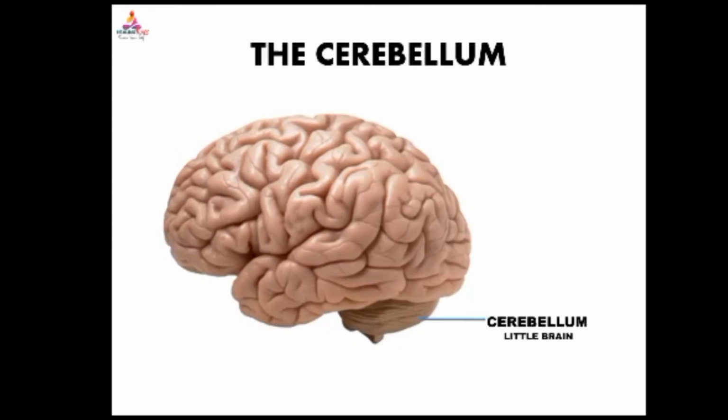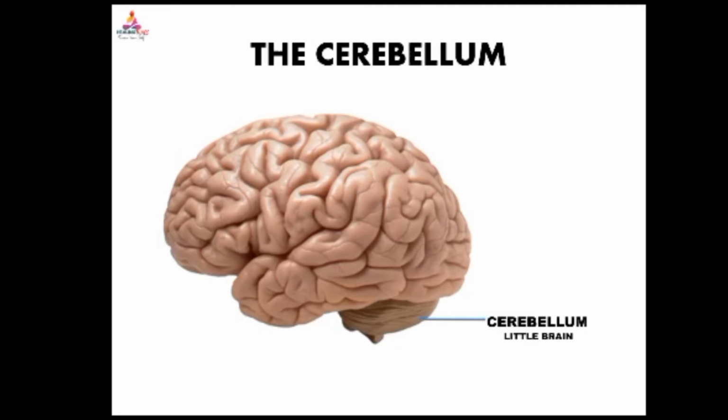Next part of the brain is the cerebellum. The cerebellum lies dorsal to the pons and medulla and consists of two lateral hemispheres, the cerebellar hemispheres, and a median worm-like part called the vermis.